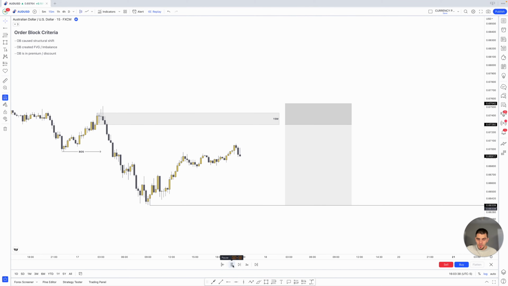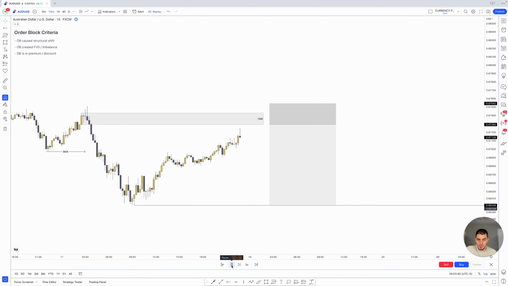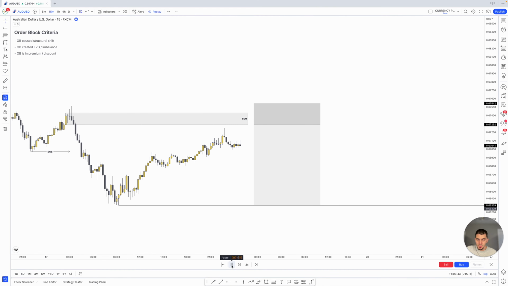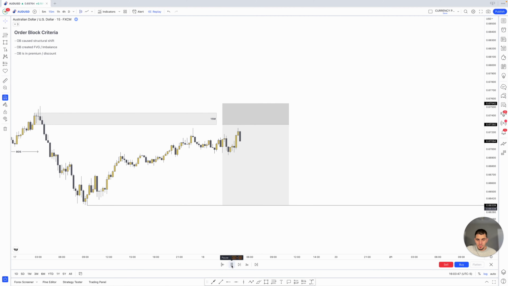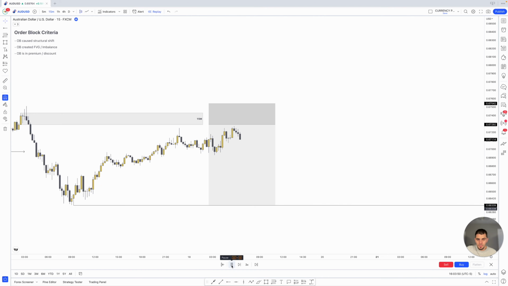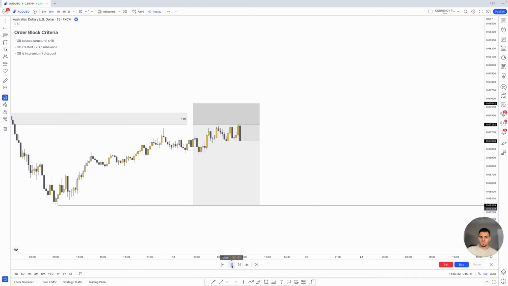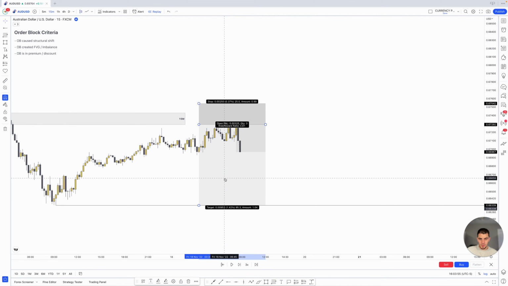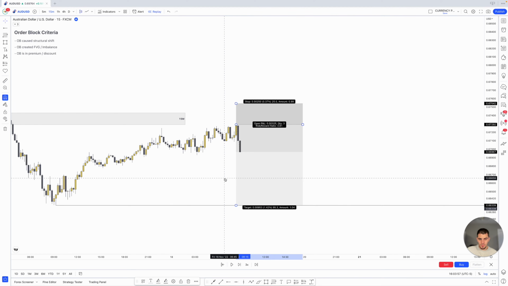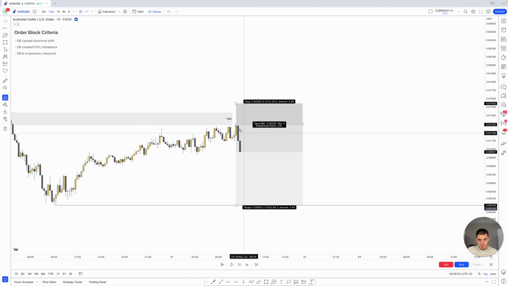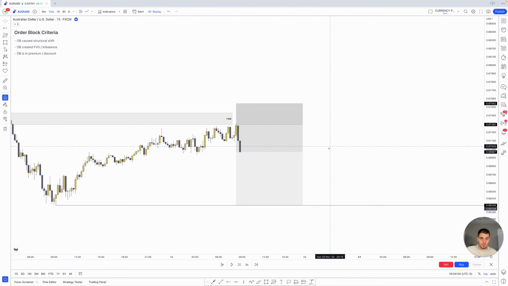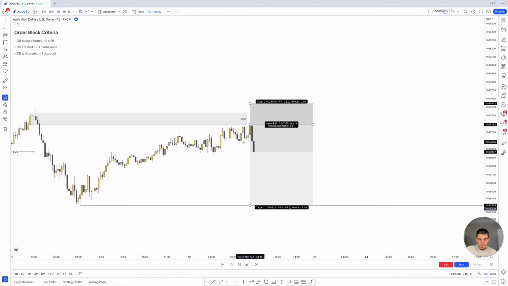Just ranging sideways, creating a lot of buy-side liquidity. That's a good sign as well. Filling some of the imbalances to the left. Are we going to get tapped in? We are. Okay. Got triggered into the trade there. Very nice reaction so far. You can see that there was almost non-existent drawdown there. That's a good sign. And we broke these minor lows to the downside already, so that's good. Let's see if this low gets broken too.